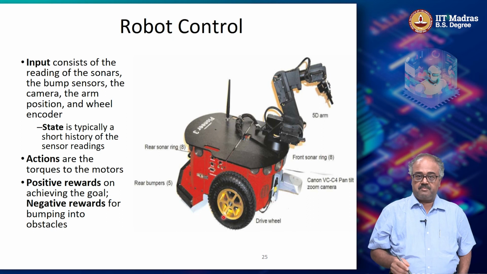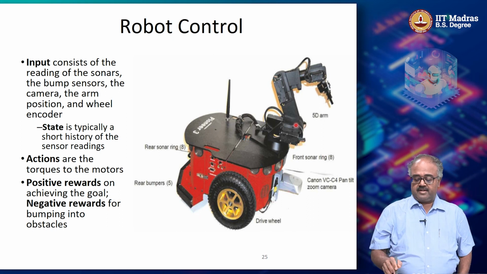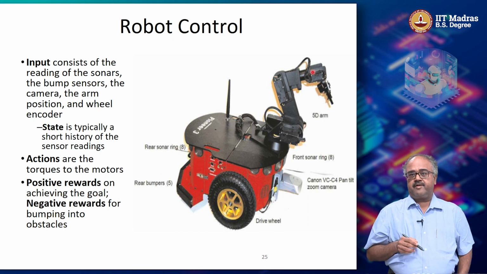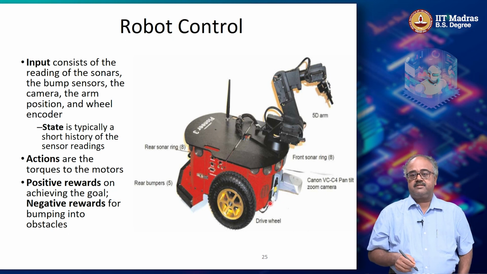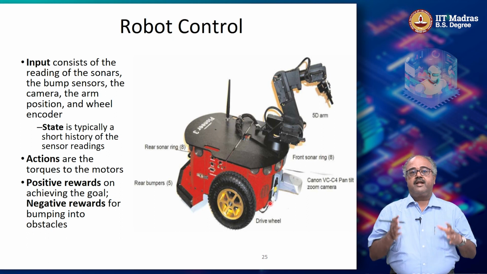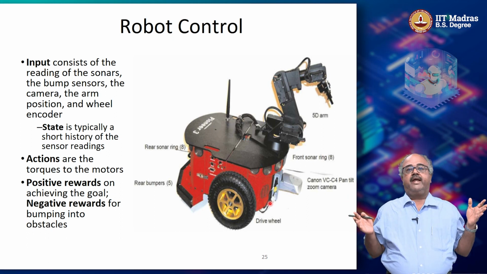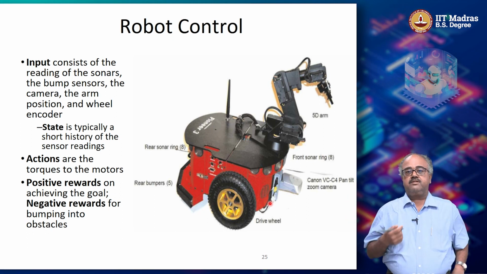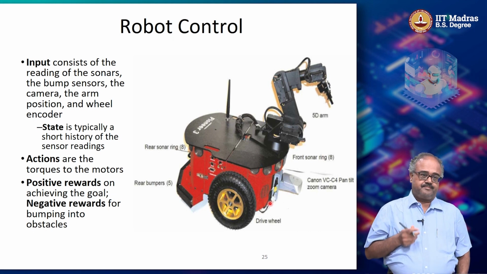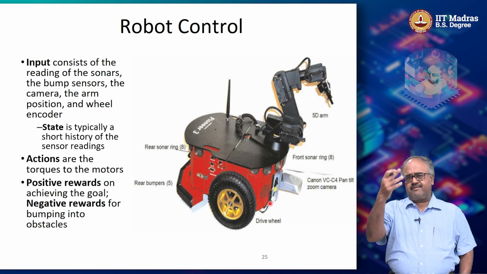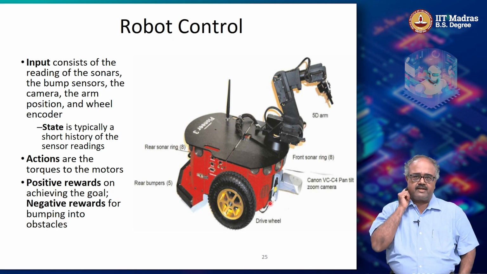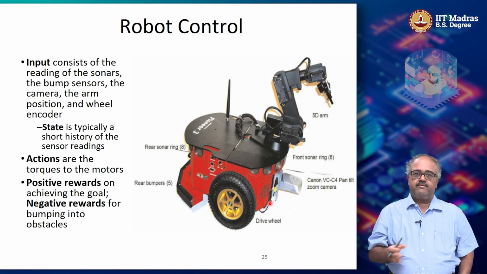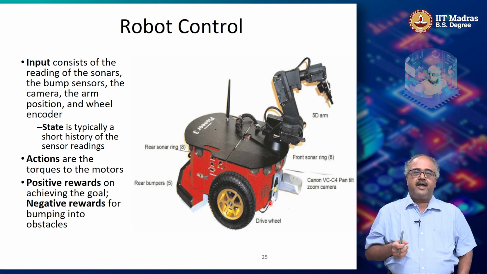There are 2 motors here, 2 motors here, and then 5 motors here. So 5 plus 2 is 7, plus 2 is 9 motors, and so this could just be a vector of 9 torques that you give to these motors, and that controls the system. Of course, there could be other ways of writing the actions. I've told you this already. There are many ways in which you can think of actions, but here is one simple way of thinking of the robot problem as an MDP.